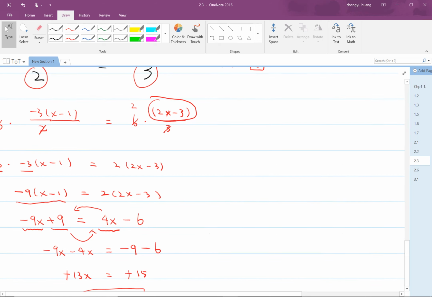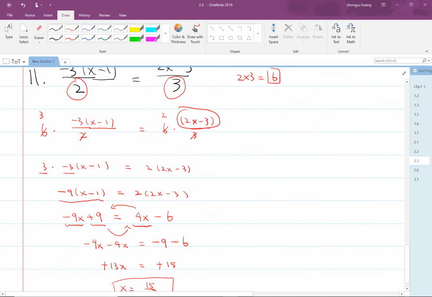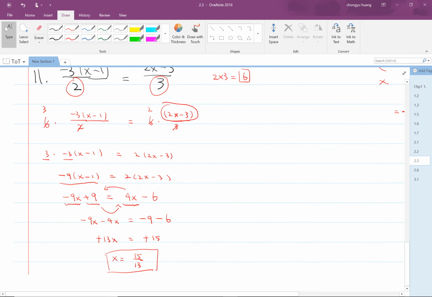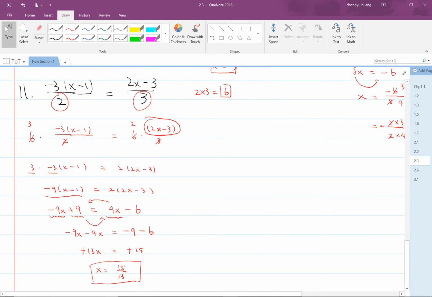I think you should be able to understand why the answer is x equal to 15 over 13. If you still don't understand, then maybe go through the full steps again.